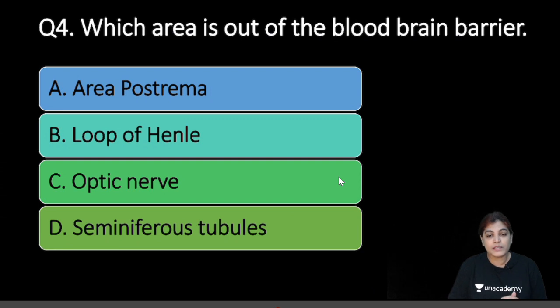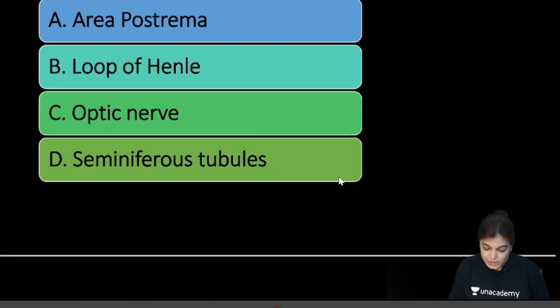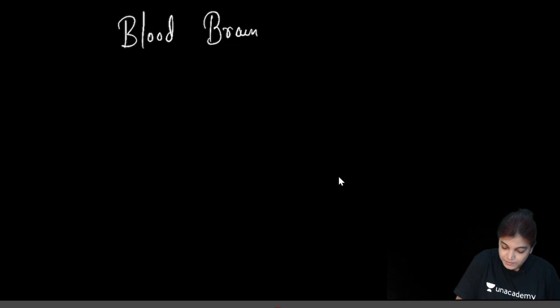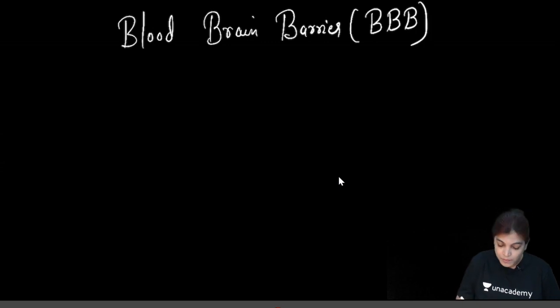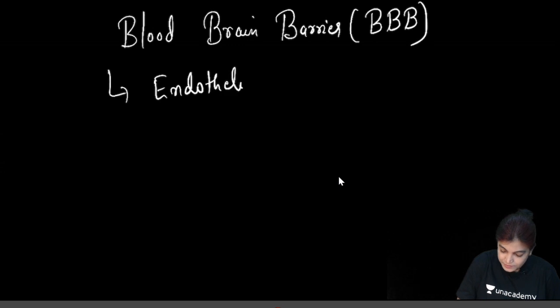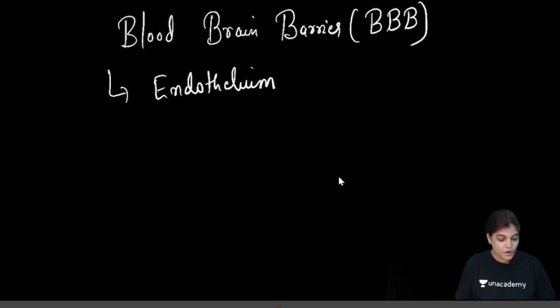So we first have to know what the blood-brain barrier is and which areas do not contain it. The blood-brain barrier, which we can denote as triple B, is formed by the endothelium of the capillaries.